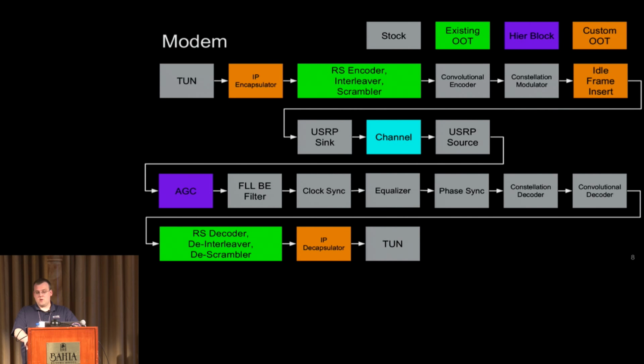The frame insert was the nth version of 10 different versions, and I was putting that in different places in the flow graph. Ultimately, I'll talk about this more, but you want to put that right before the usurp. That's a C++ block and is also pretty dead simple.